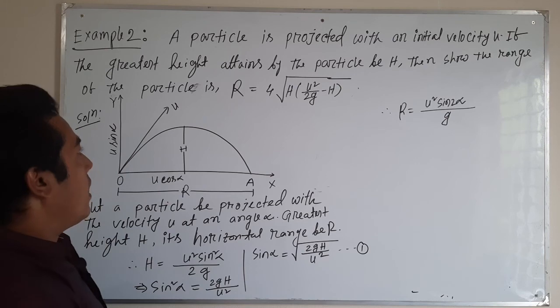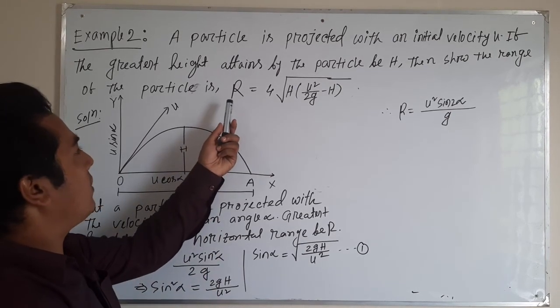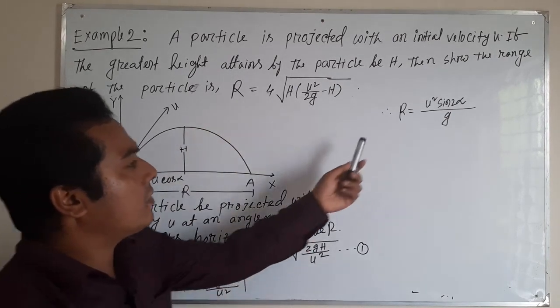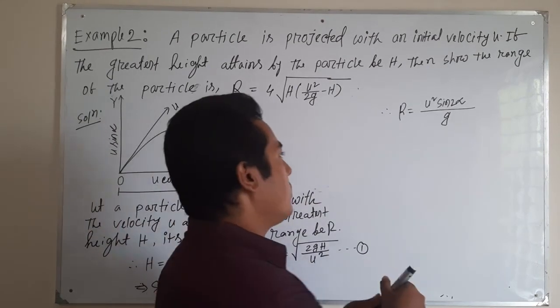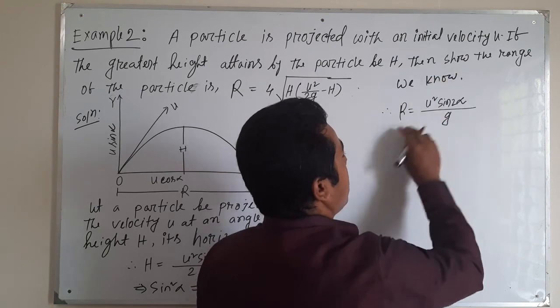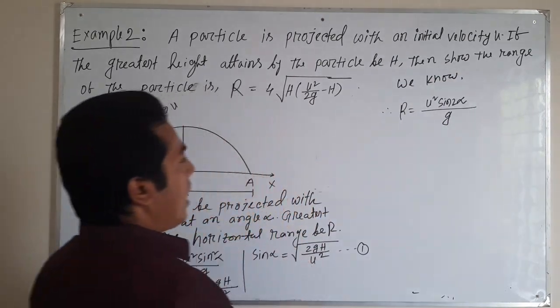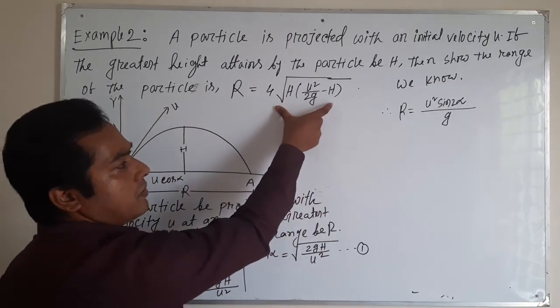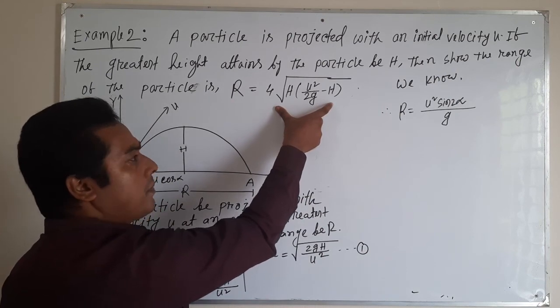Okay, we have to find the horizontal range r, and r is equal to the formula we know that r is equal to this, and r is equal to this expression. We have to prove this.